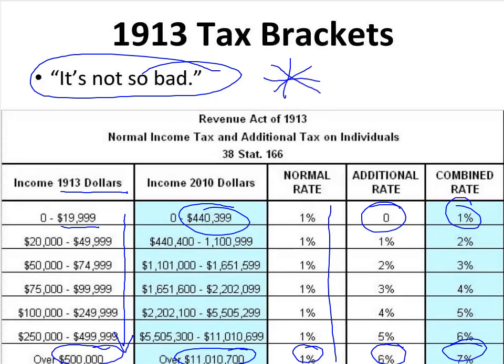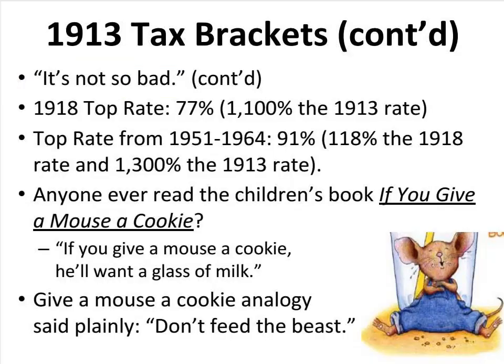And so it's not so bad, as I mentioned before. This was the message from the federal government. Hey, it's not so bad. The rates aren't that bad. Well, when you take that it's not so bad and run with it, by 1918, at the end of World War I, the top tax rate went from 7% to 77%. That's an 1,100% increase in taxes.